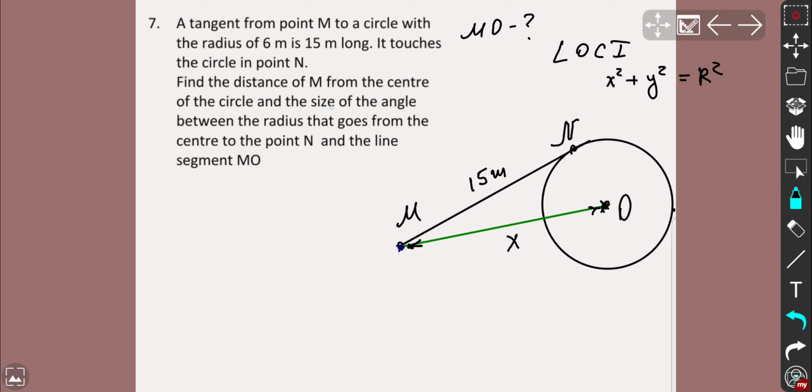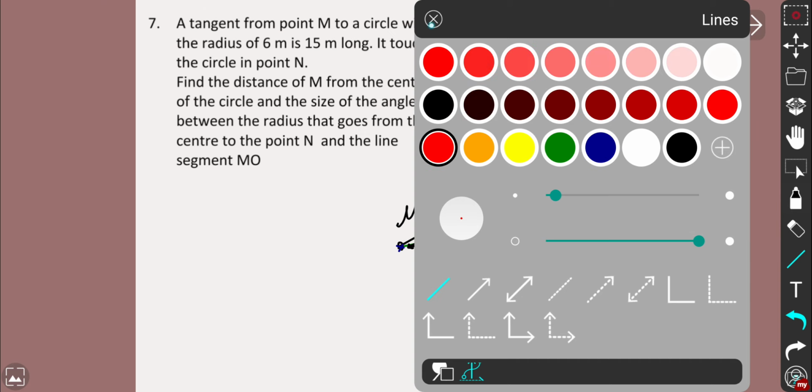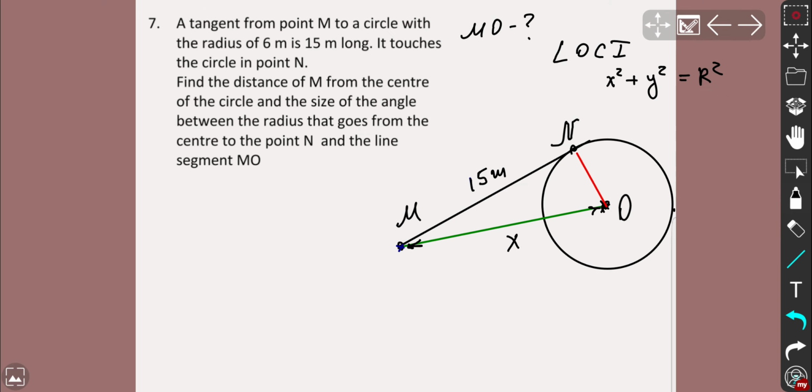We also need to find the size of the angle between the radius that goes from the center to the point N. I use the red color and connect the center to the point N, and that's going to be the radius, which is 6 meters according to the conditions. We need to define the angle between this radius and the line segment MO.